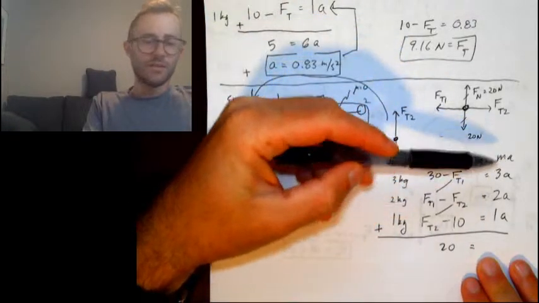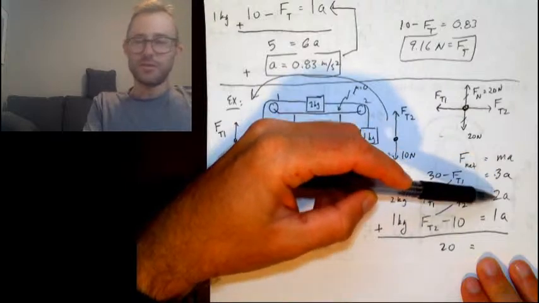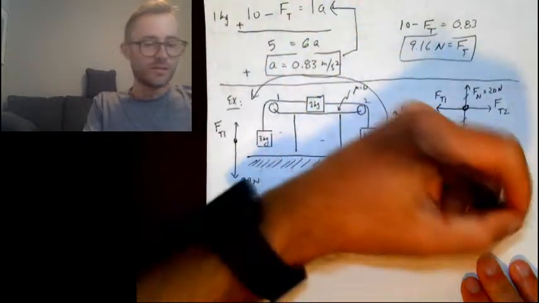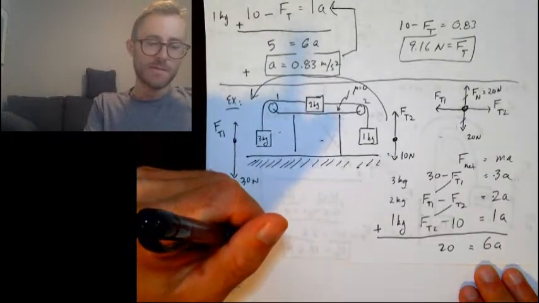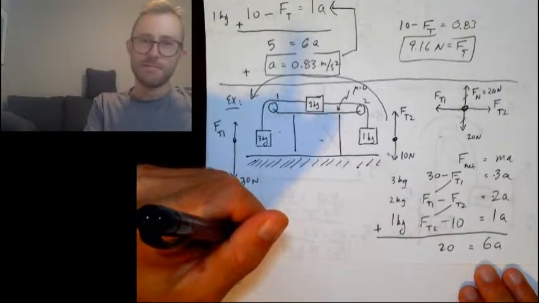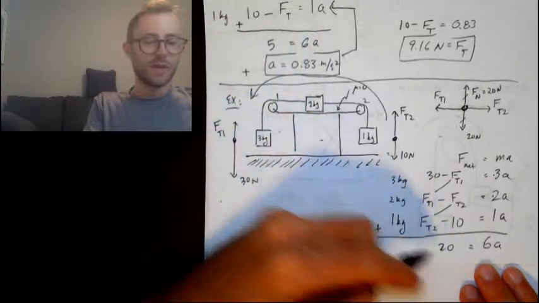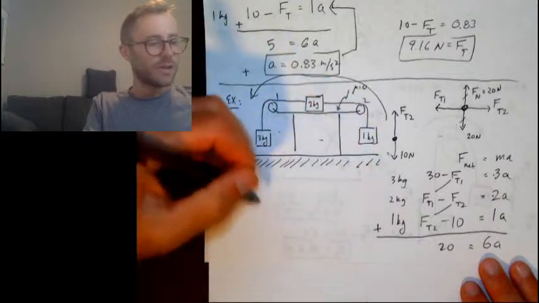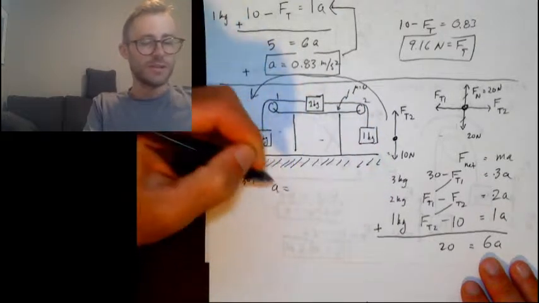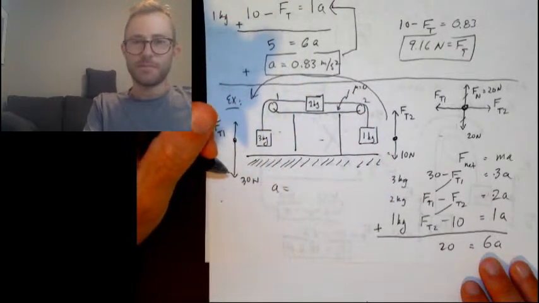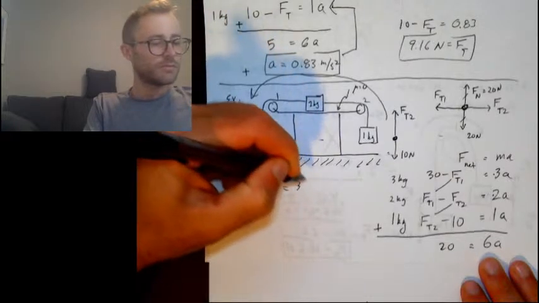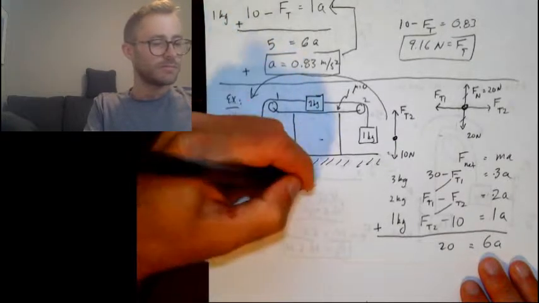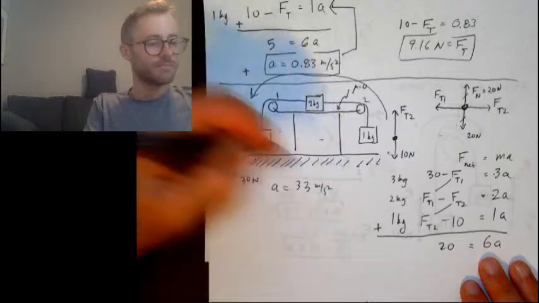When I add the right-hand sides, I have 3a plus 2a plus 1a. That is 6a. All right. Then I divide both sides by 6, and I get that the acceleration is 3.3 meters per second squared.